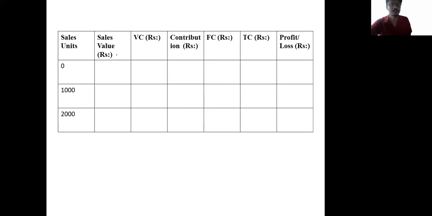It's easy when we are not having any sales units or sales value, then no variable cost, and at that time no need to calculate contribution. Then fixed cost has been given as 20,000.